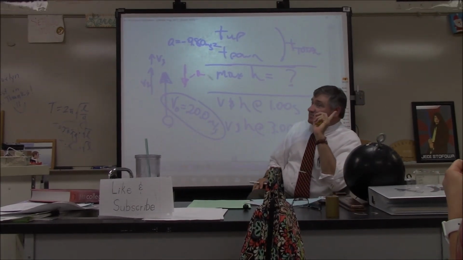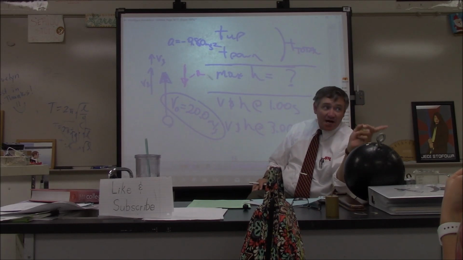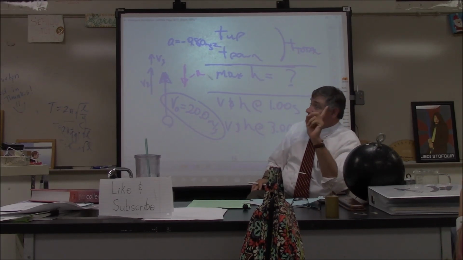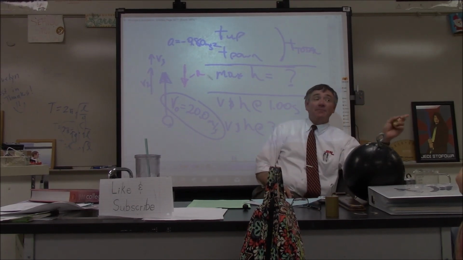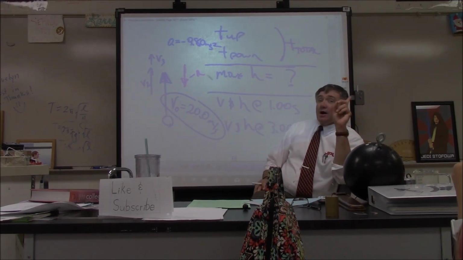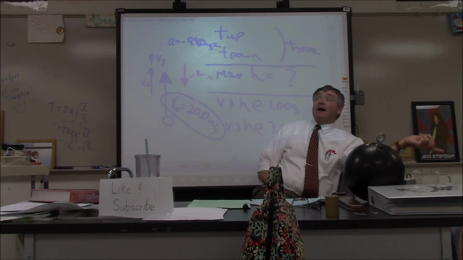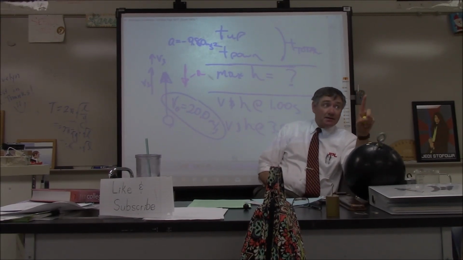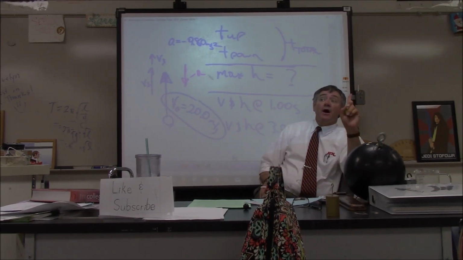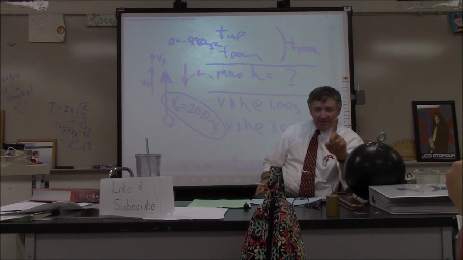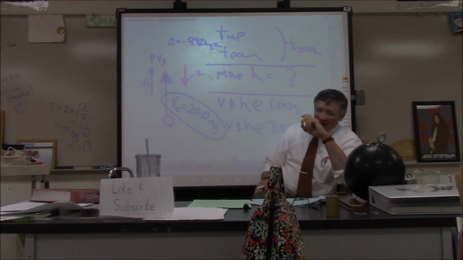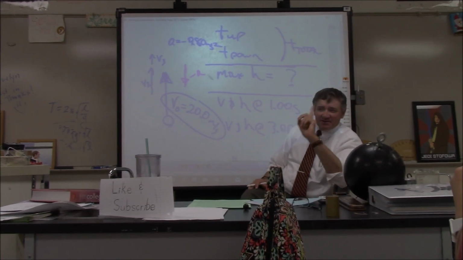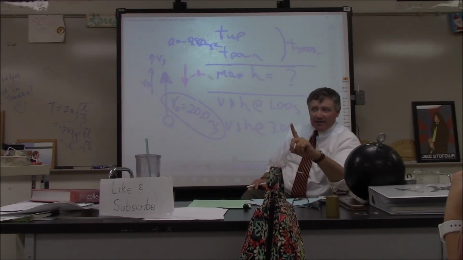When it reaches its maximum height, what's the velocity? 0. Because we're going to stop, so at the top it's going to end up at 0. Now, on the way down, it's going to start at 0 and speed up. On the way down, does your acceleration switch sign?